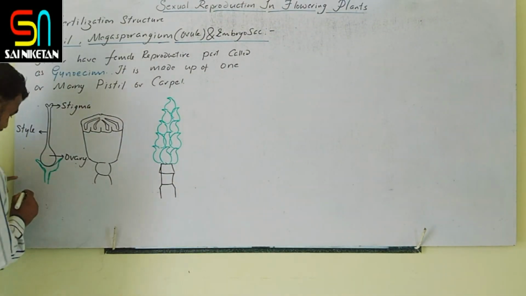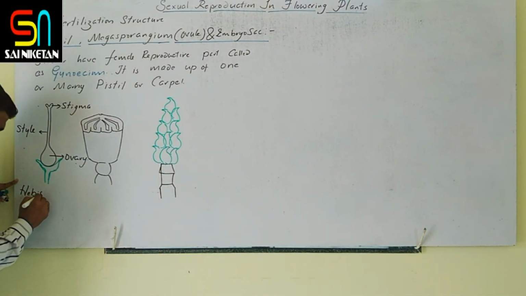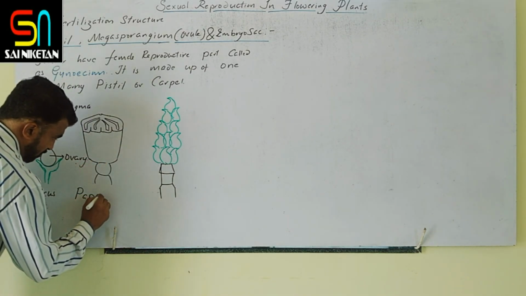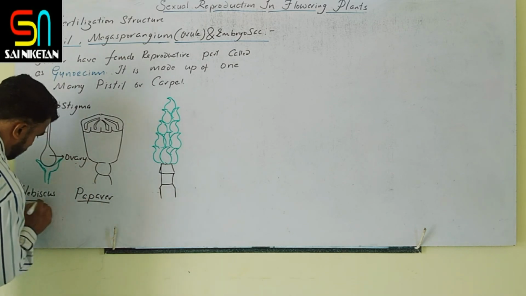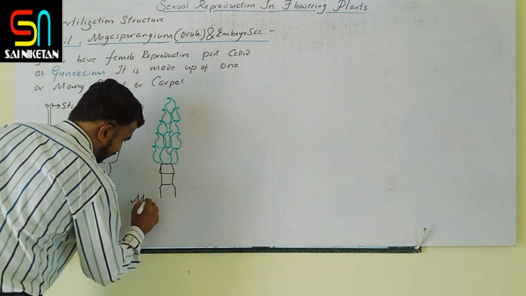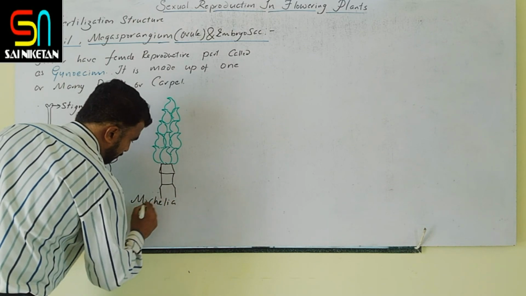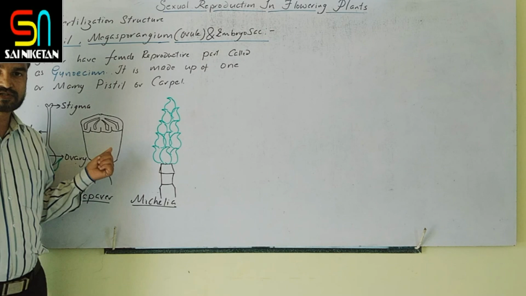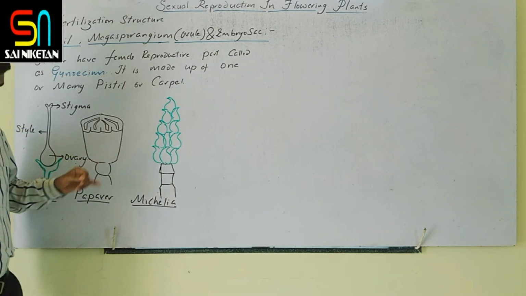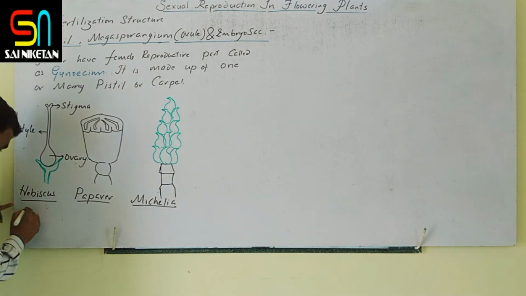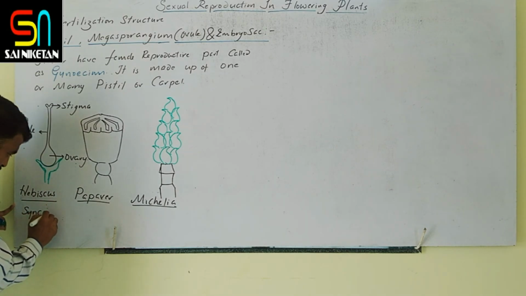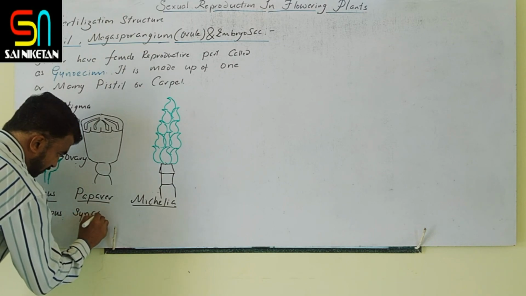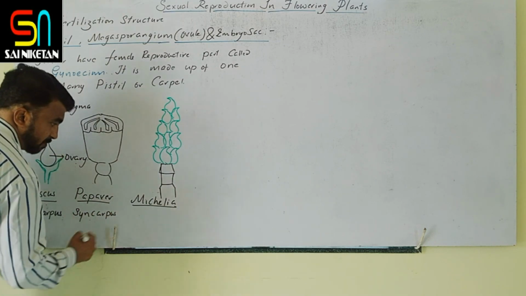This is hibiscus, this is the gynoecium of papaver, and this is the gynoecium of Michelia champaka. Clear? In Papaver somnifera, the gynoecium is fused and has one structure. So the gynoecium of hibiscus is syncarpous, papaver also syncarpous.